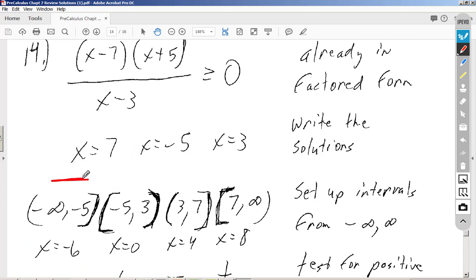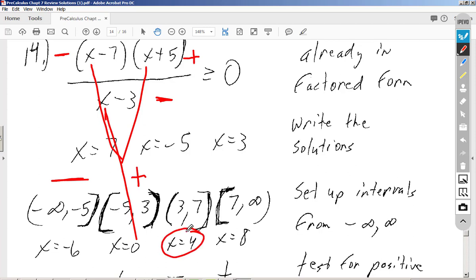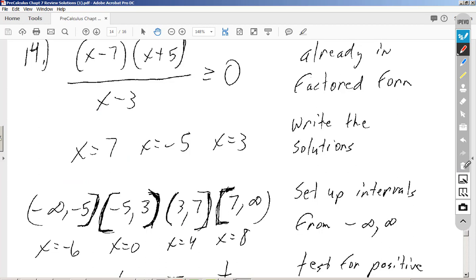When I substitute in 0 into all 3, you're going to notice this is negative, this is positive, and this is negative. So negative times a positive divided by negative, this interval is going to be positive. So from 3 to 7, I substitute in 4.